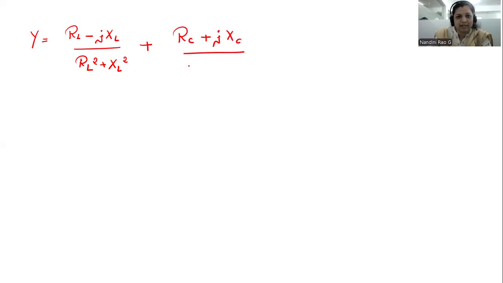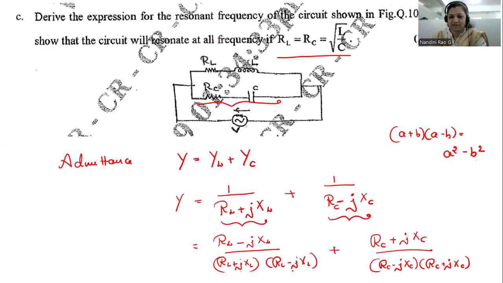We get Y equal to RL minus jXL divided by RL square plus XL square, plus RC plus jXC divided by RC square plus XC square. You see the same thing I have written.